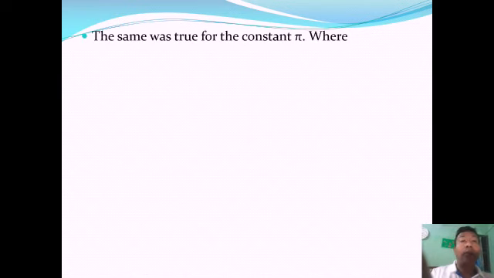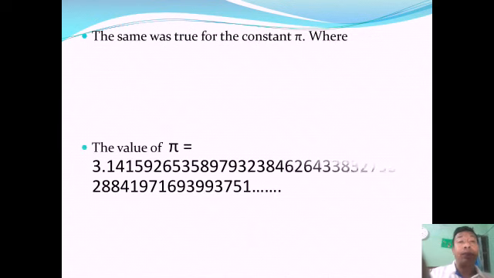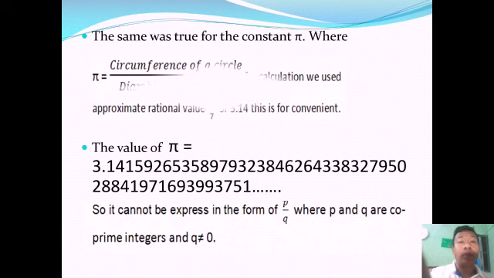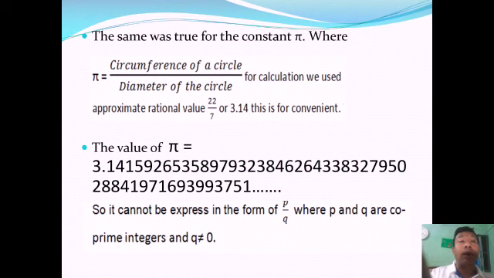The same was true for the constant pi, where pi is equal to the circumference of a circle divided by the diameter of that circle. For calculation, we use the approximate value of pi as 22 by 7 or 3.14.